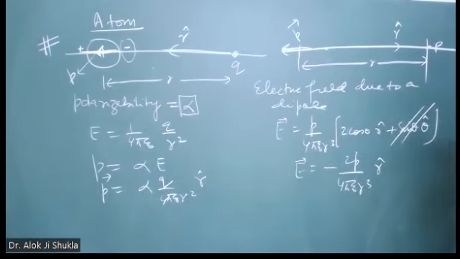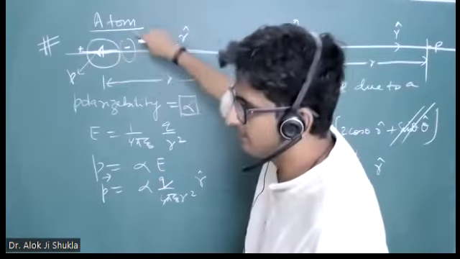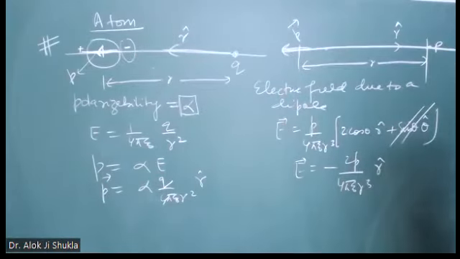But it will also try to polarize more. It will become more negative, so it will run even more toward it. It will come closer and closer. It will become more polarized. So this tail will become more negative. So it will be more attracted and will be crushed into it. Right? Okay.